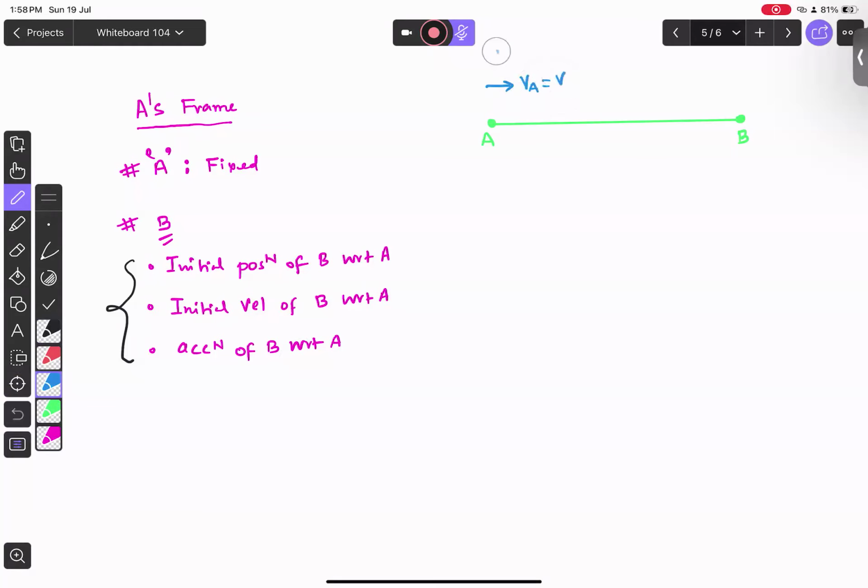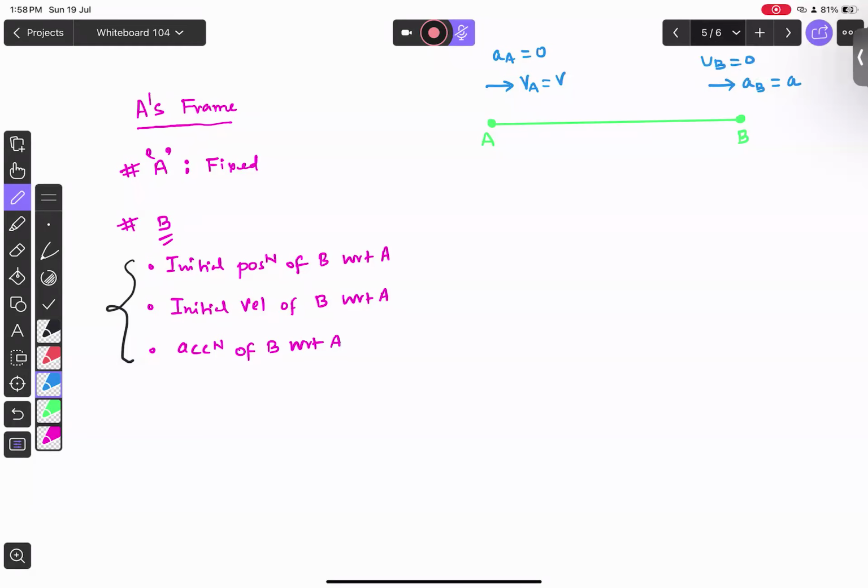And acceleration of A is 0. So I'm finding the velocity and acceleration of each of them from the ground frame. Velocity of B initial is 0, but acceleration of B is this side and it is constant. So initial velocity of B is 0.